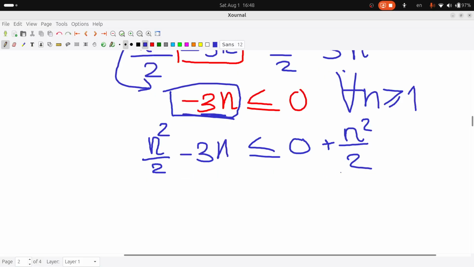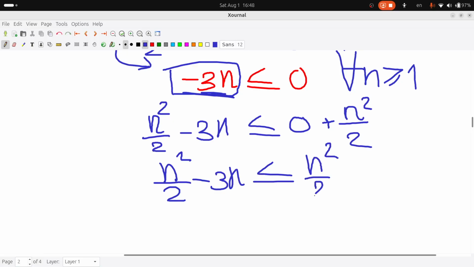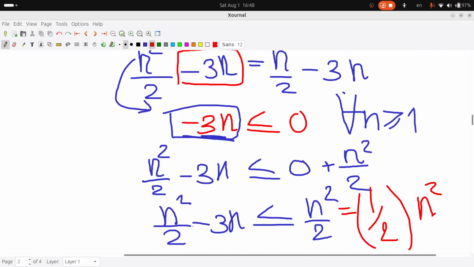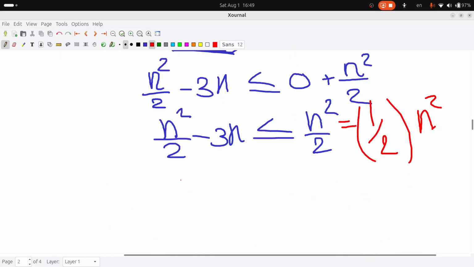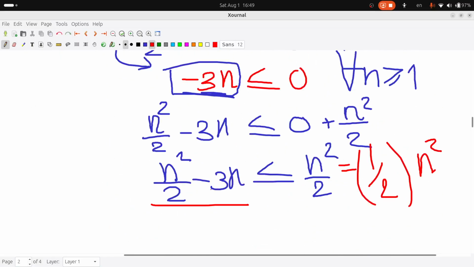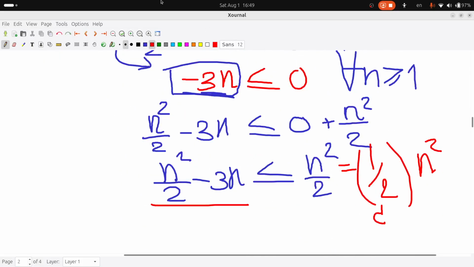So we can simply write this expression as n squared divided by 2 minus 3n is less than n squared divided by 2, and you can write this as 1 divided by 2 n squared. And again, it's the same expression as the definition of the upper bound of theta notation. See, it's the same. n squared divided by 2 minus 3n is less than or equal to n squared divided by 2. That is, this one is the constant C2.